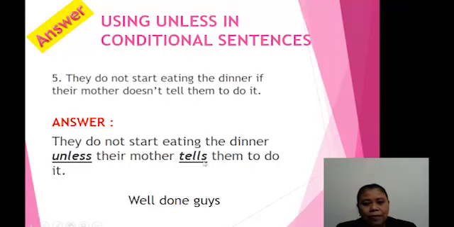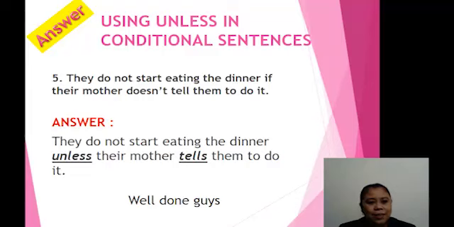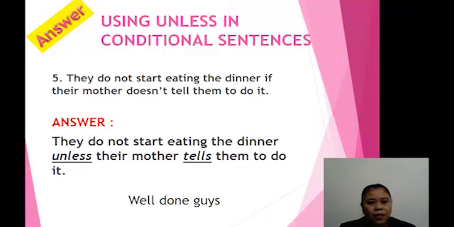Why the S must be added here: because the auxiliary verb used is does, so the verb must also be added with S. Okay, so that is the answer of number 5.